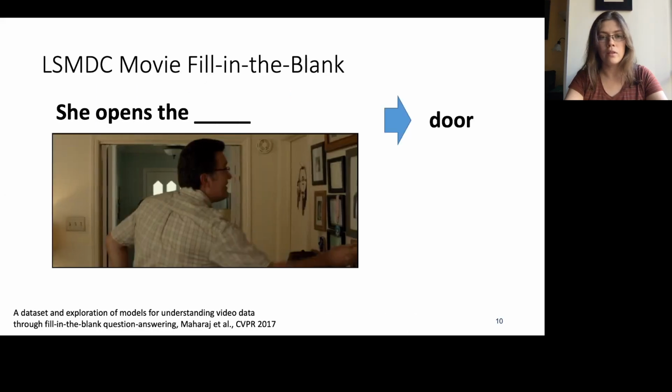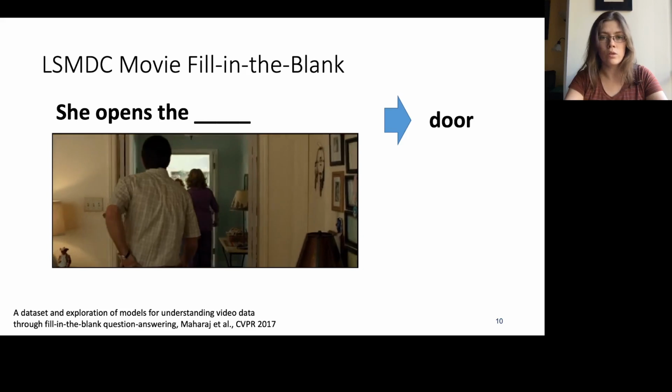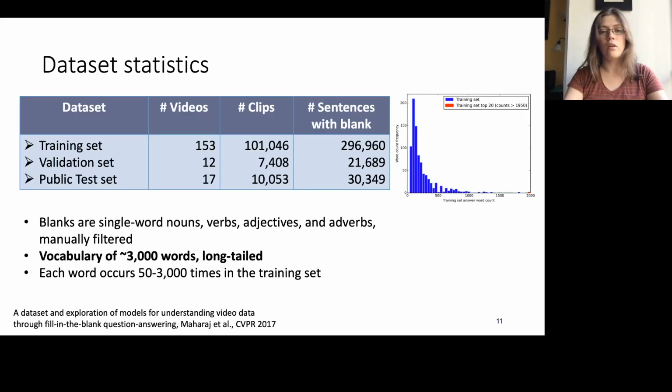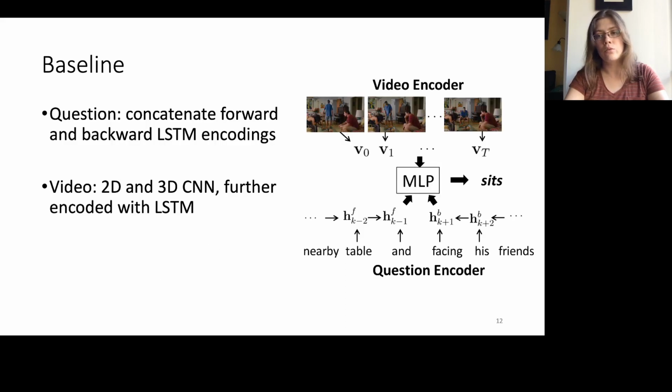So we limit this to a single word blank, and we look at nouns, verbs, adjectives, adverbs, covering a vocabulary of over 3,000 blanks, which is also a pretty long tail distribution over these blanks. So a typical pipeline could look something like this.